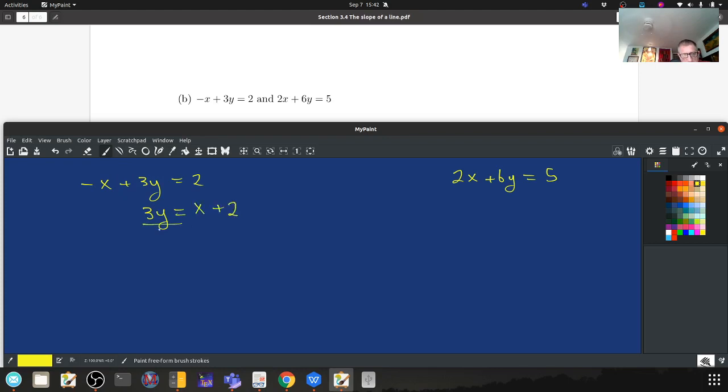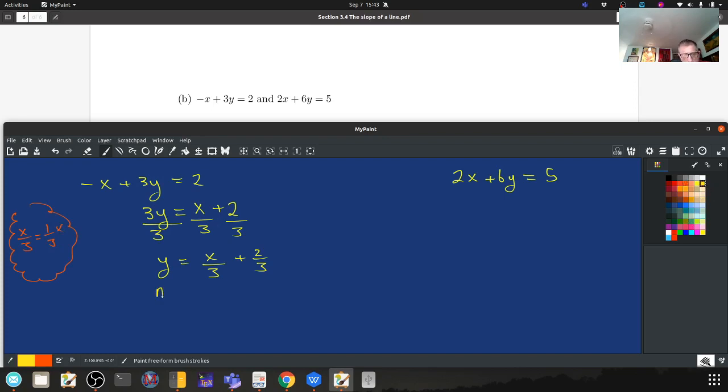Now I'm going to divide both sides by 3. So that gives me y is equal to x over 3 plus 2/3. Now here you just have to know, and you should know, that x divided by 3 is the same as 1/3 x.